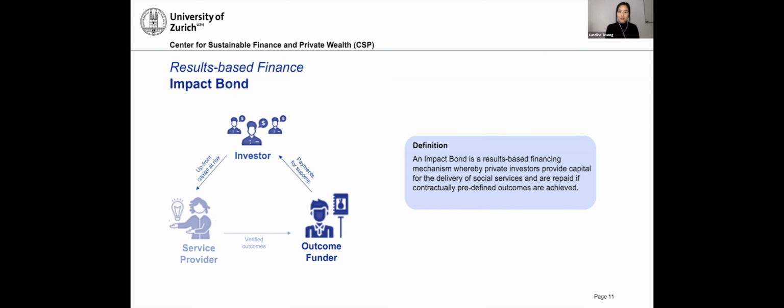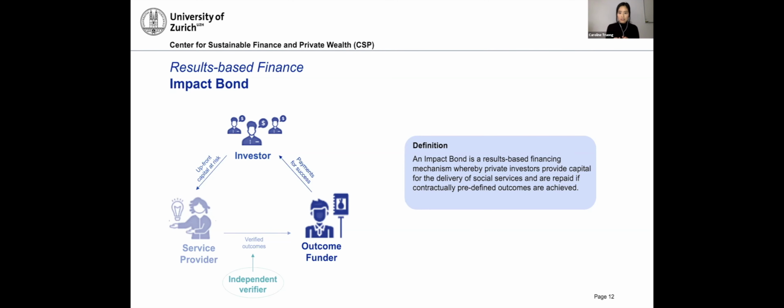The outcome funder can be a government entity or a third party, for example, a foundation or the World Bank. In order to make sure that the impact has been created, an independent organization then verifies if the outcome targets have been actually met. So why can an impact bond make sense?